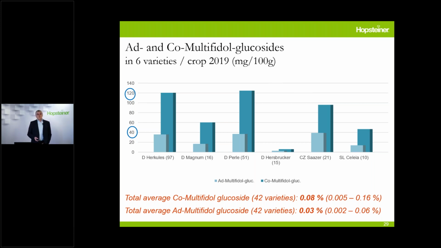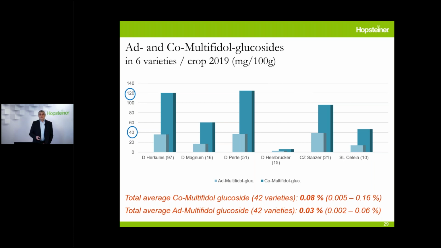So these are the results from the 97 Hercules samples, and the co-multivital is higher than the multivital. And this is true for all the varieties. It's very interesting that the aroma variety Hersbrucker is very, very low in both co-multivital and multivital glucoside. Czech and Slovenian hops are also given here as an example.